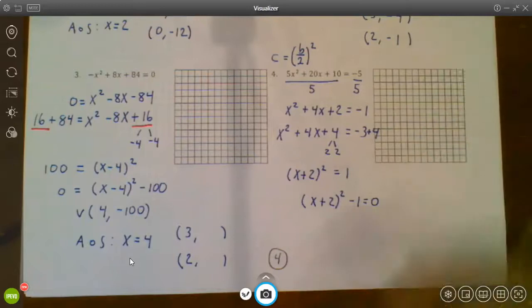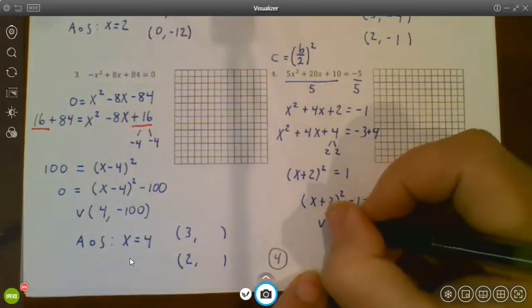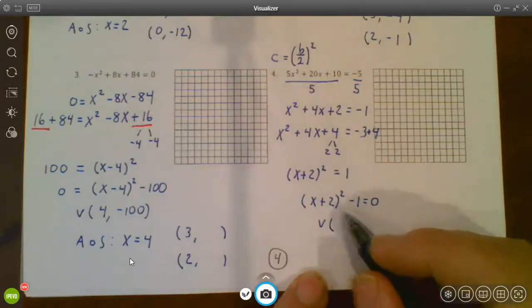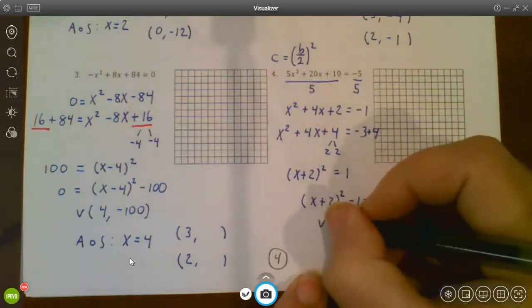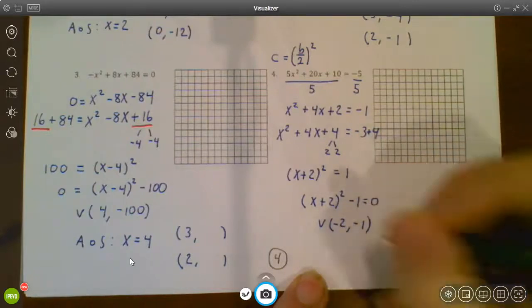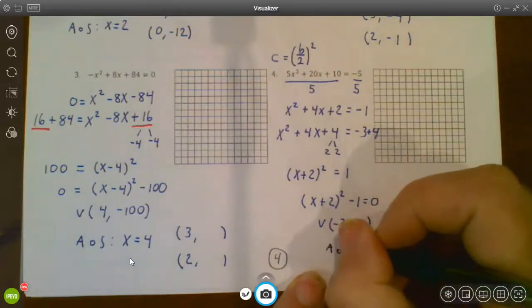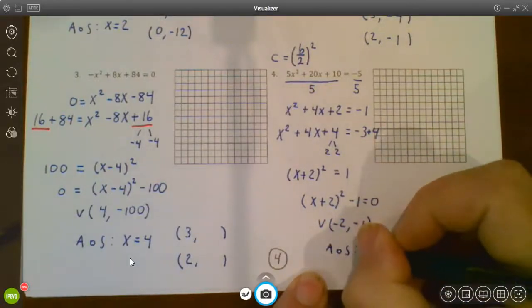Let's go through that graphing process one last time. We can see the vertex on this is negative 2, negative 1. That means our axis of symmetry is x equals negative 2.